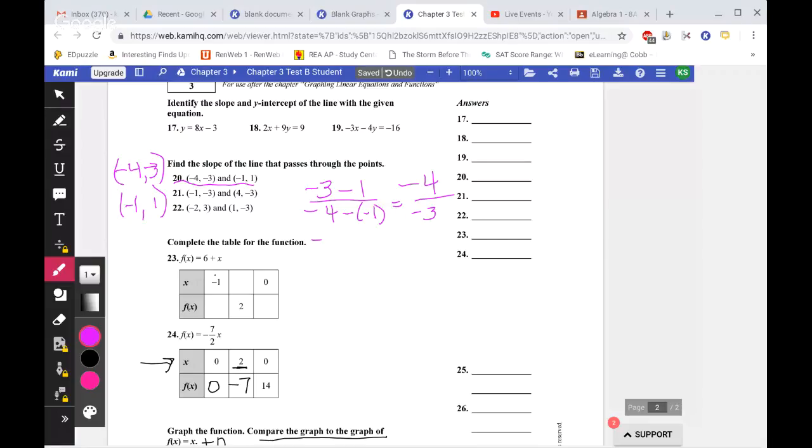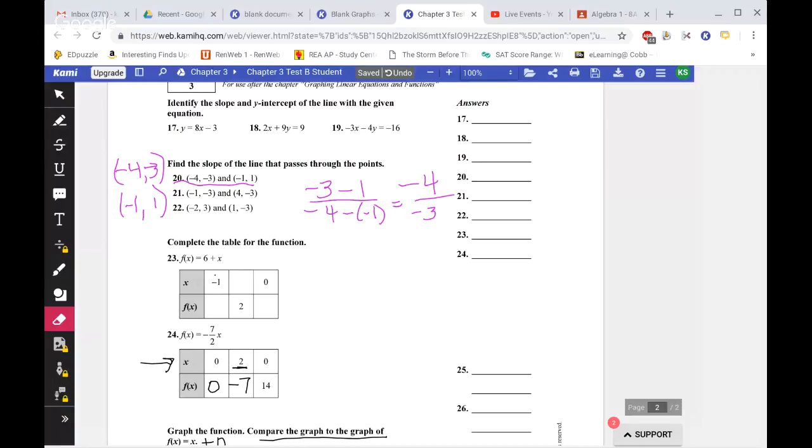Okay. 4 minus a -1 is 4 plus 1. And then a negative plus a positive, you find the difference and give the sign of the higher, and that's where I got -3. Okay. Does that make sense?